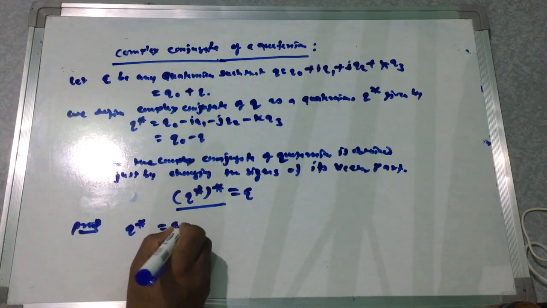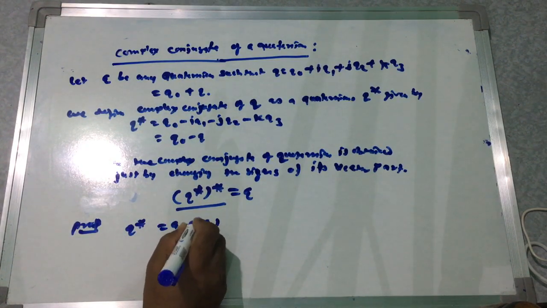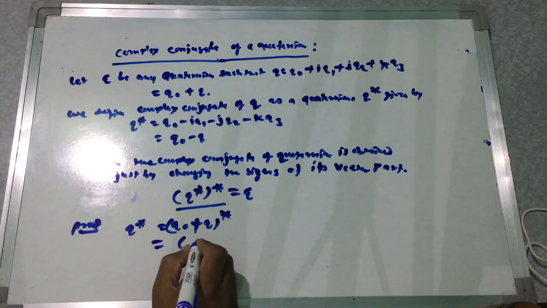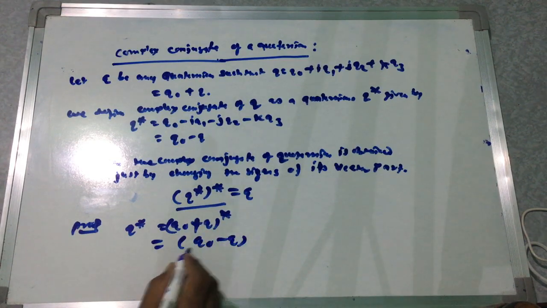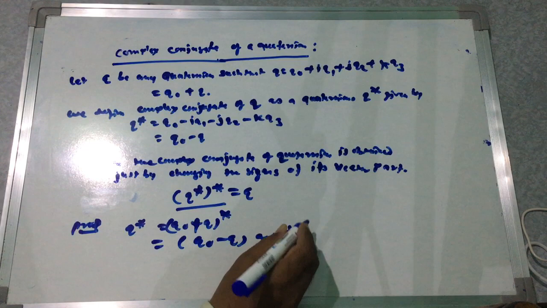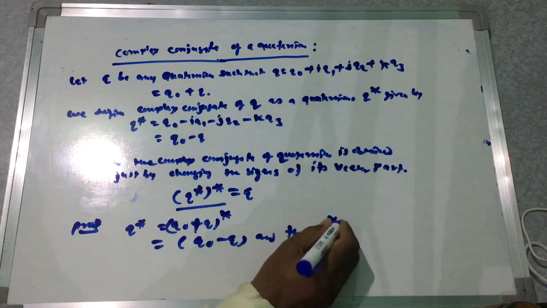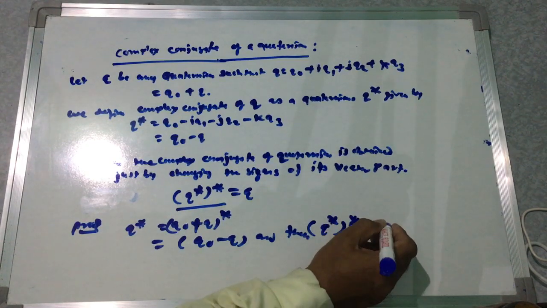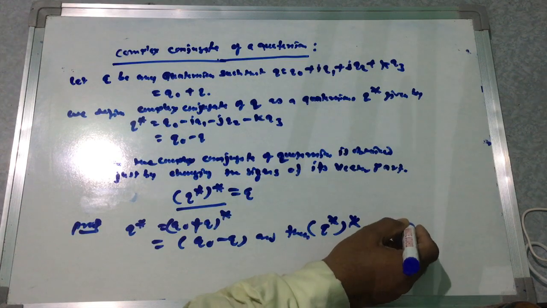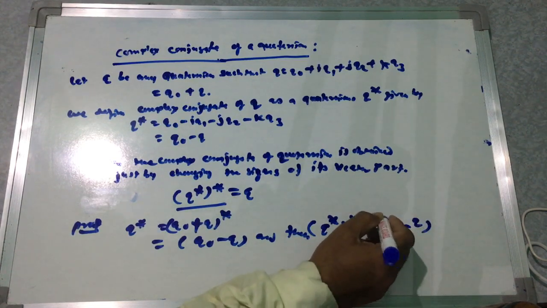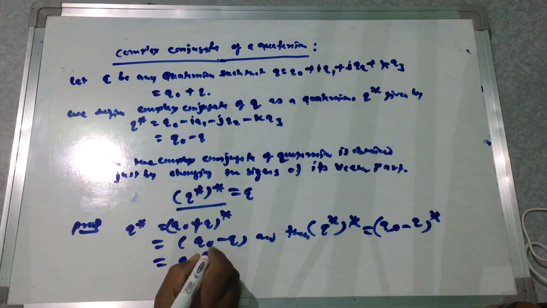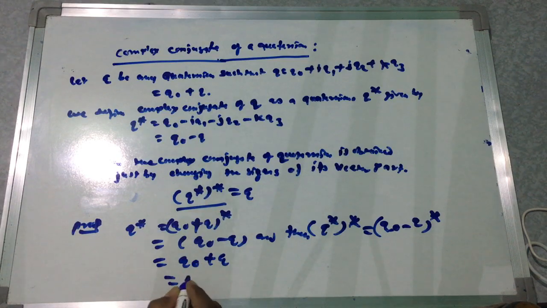Q star is equal to Q0 plus Q star, which is equal to Q0 minus Q, and then Q star star is equal to Q0 minus Q star, so that will be Q0 plus Q, equal to Q. So this is the thing.